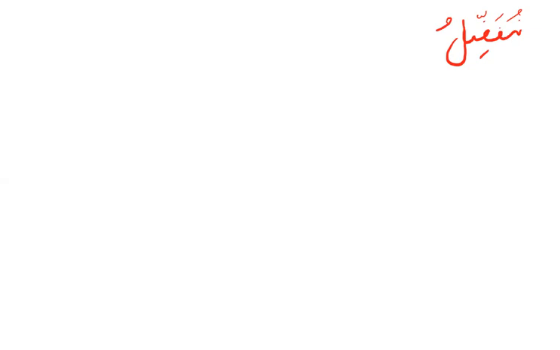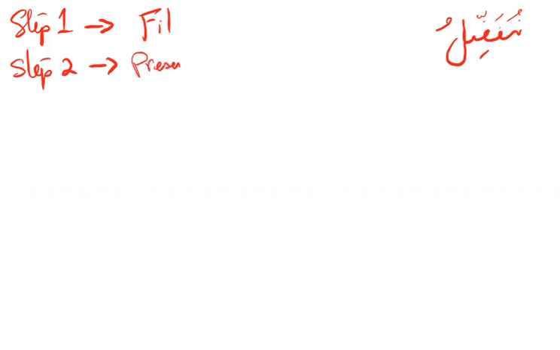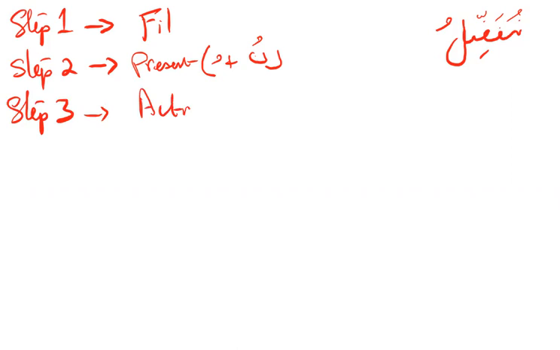Again, step 1: is this a fail, ism or harf? Fail. Step 2: is it past or present? It is present because we have the combination of nu and u. Step 3: is this active or passive? Because we are talking about present, the passive combination is u-a.